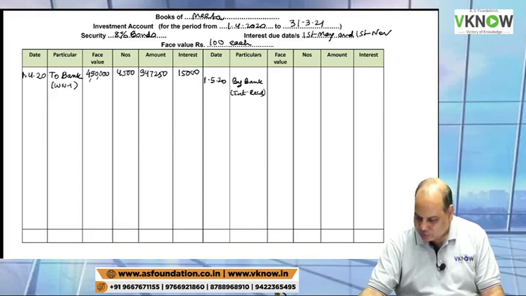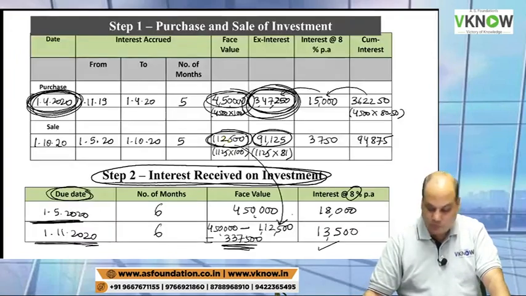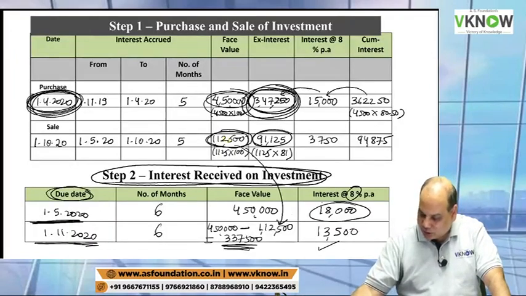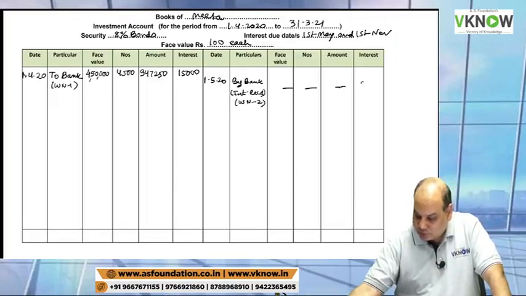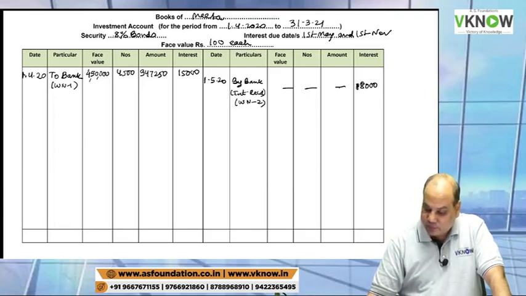Interest received. Working note 2. In the interest column on the screen below, interest received is 18,000. Working note 2, 18,000. Working notes will ensure that you don't miss anything.